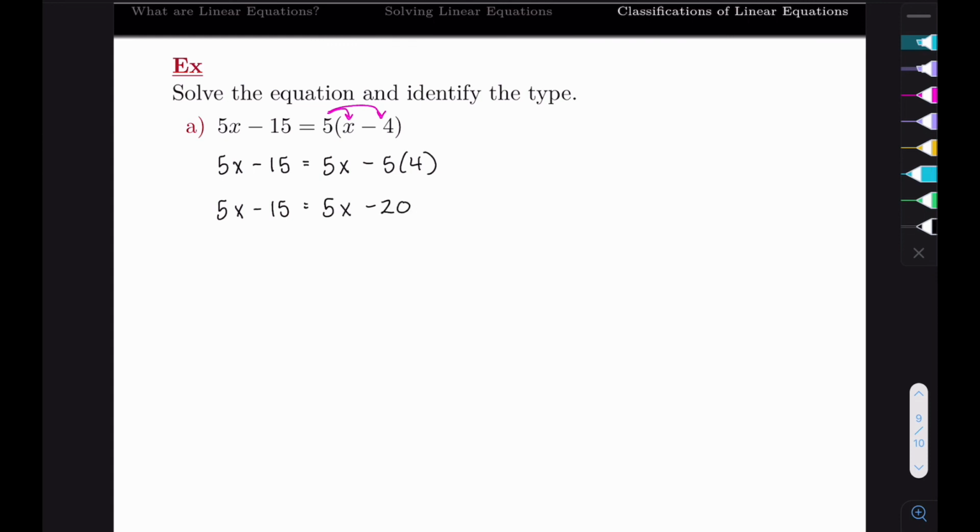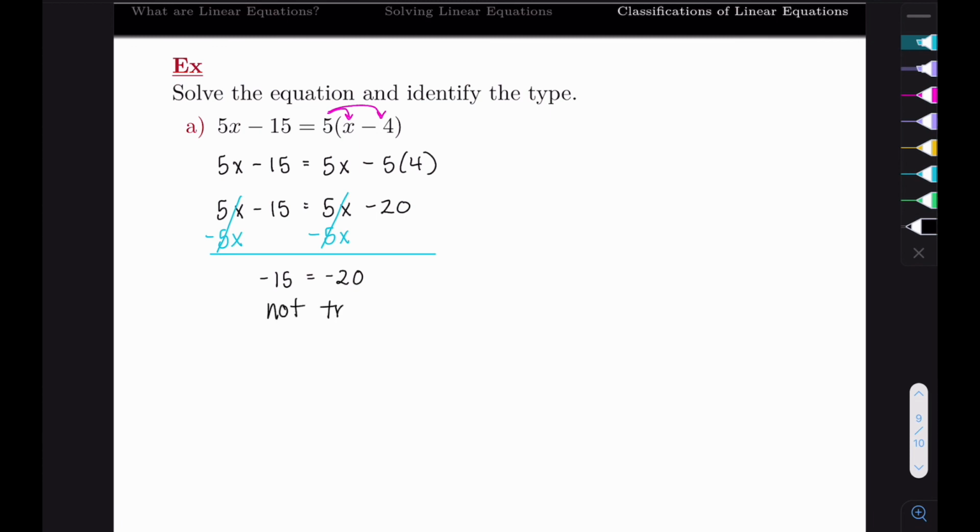So I want to isolate my x variable again. So let's bring our x's to one side. But in doing so, it ends up canceling out both of them. And the statement that we're left with is negative 15 equals negative 20. And this in no way, shape, or form is a true statement.